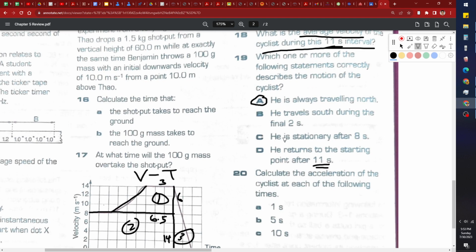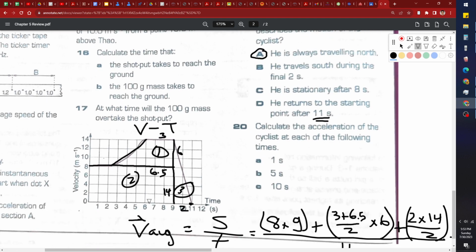That's not true. He's stationary after 8 seconds. Well, the 8 seconds here, that's not, remember, horizontal line for VT graph means that velocity, remember this is velocity, is constant. He's not changing his velocity, so that's not true. He returns to the starting point after 11 seconds.